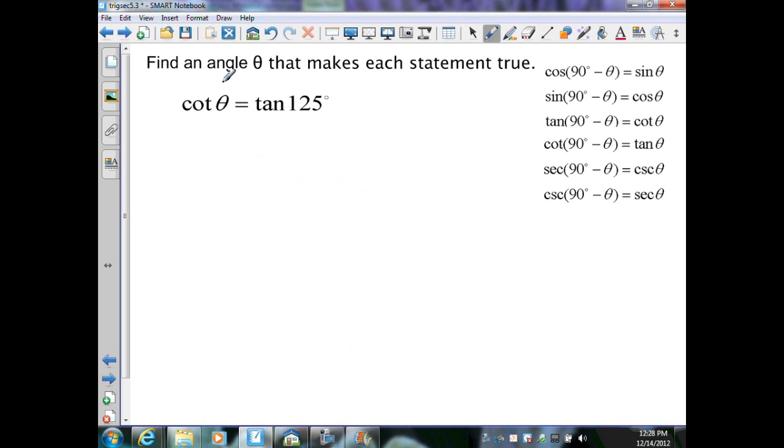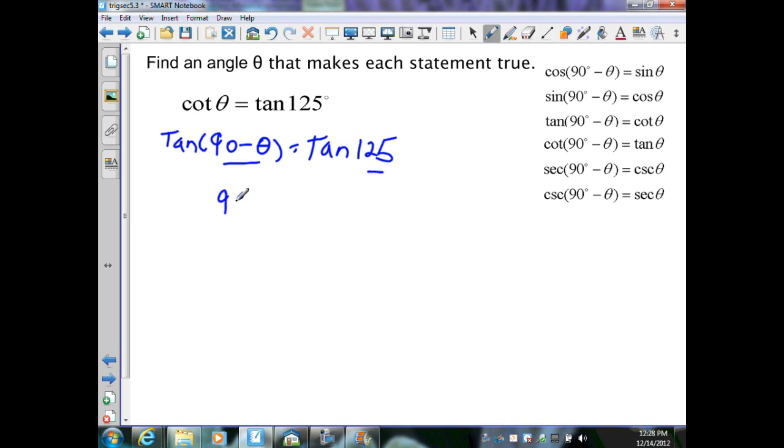Again, I want to find an angle theta that makes each statement true. I have cotangent theta equals tangent of 125. I know that cotangent theta equals tangent of 90 minus theta. Now I know that these two values must be equal.